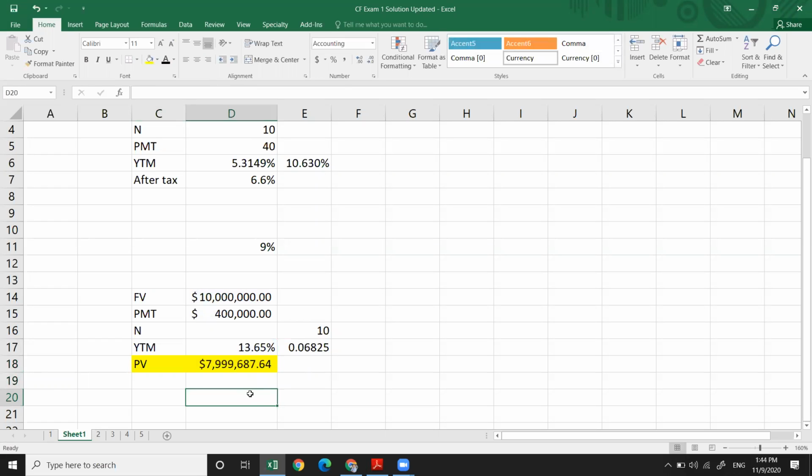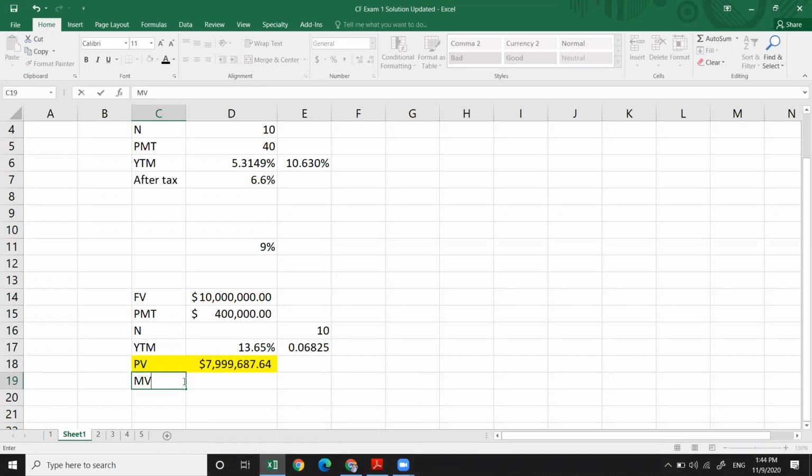And the market value of the equity is 1.2 million shares outstanding.